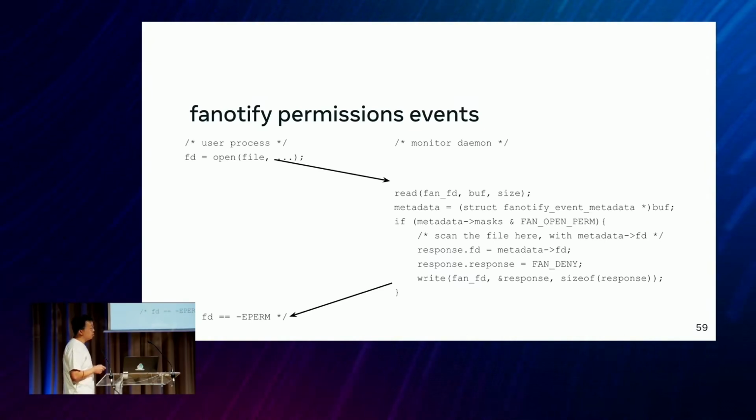So the daemon can scan the file and see whether it's OK to do this operation. Once the daemon makes a decision, it writes a response back. In this case, it says deny. The operation will return EPERM, and that will deny this operation.